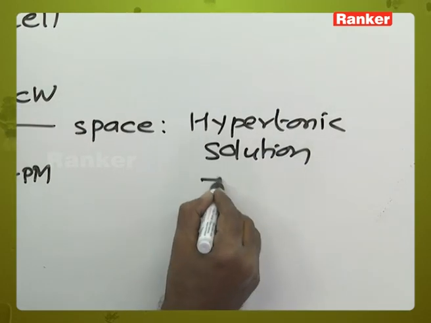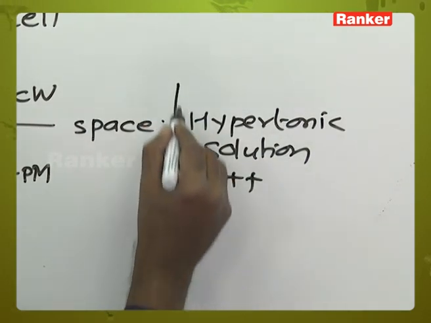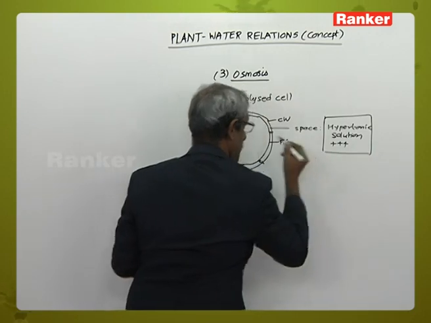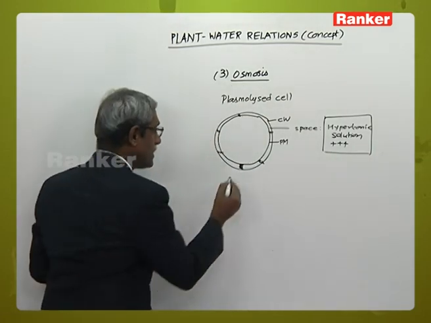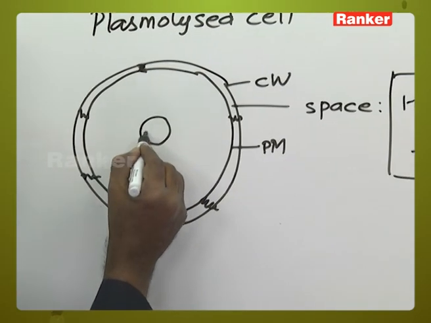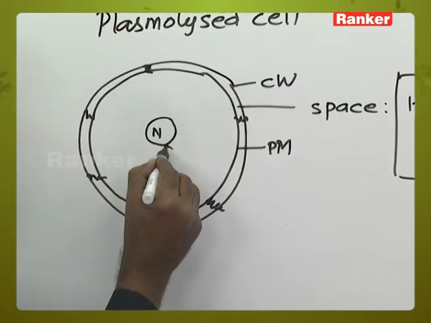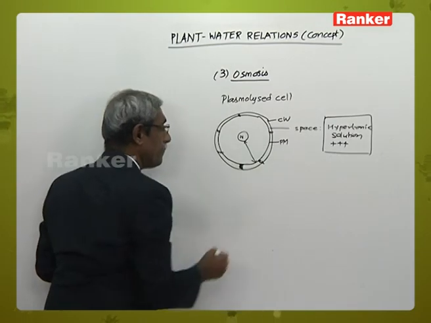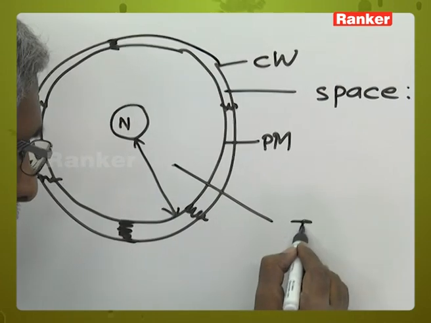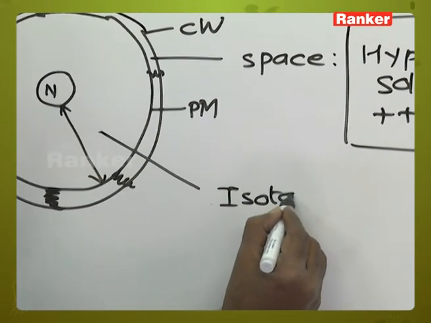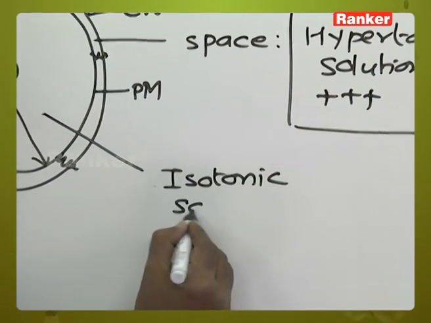That is, the concentration of the solution is very, very high here, whereas the space between the nucleus and the plasma membrane is normally occupied by an isotonic solution.